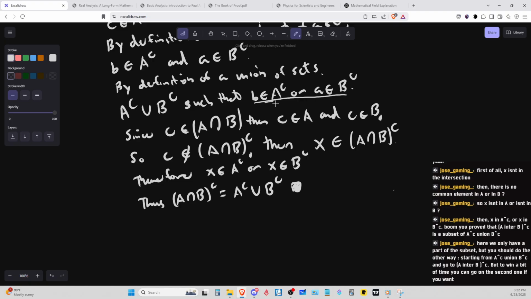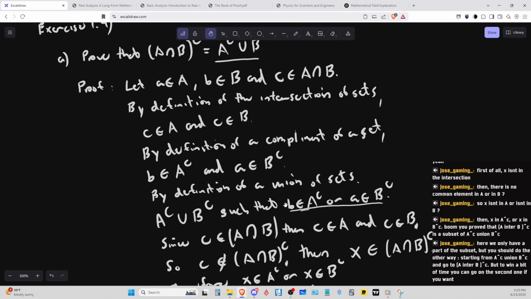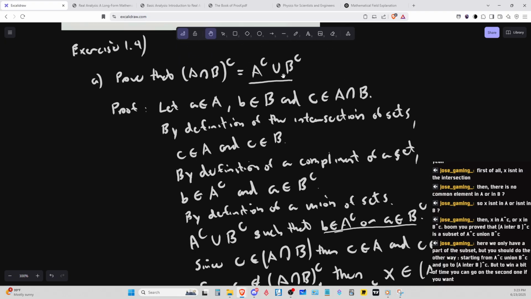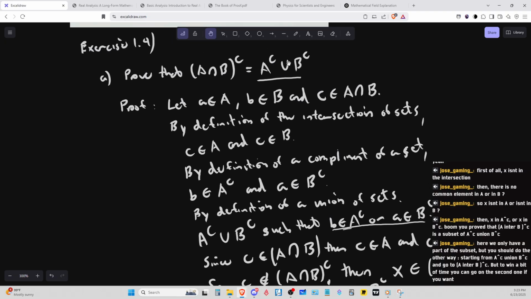Here we only have a part of the subset, but you should do the other way, starting from A complement union B complement, and go to the intersection A and B. But to save a bit of time, you can go the second one if you want. I mean, we did do that. We went from A complement and B complement first, and the union, I mean the right-hand side, sorry.